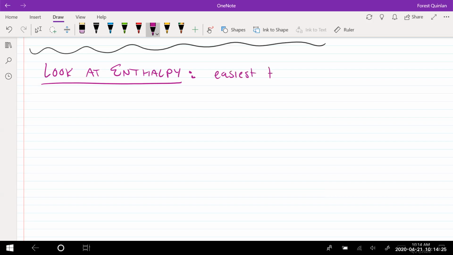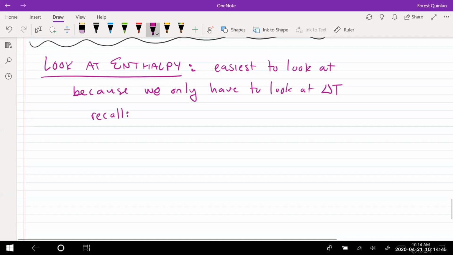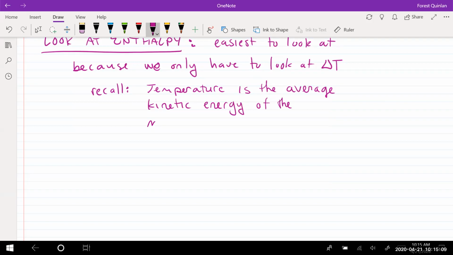So this is the easiest to look at because we only have to look at a delta T. And remember, recall, temperature is the average kinetic energy of the molecules of the system.